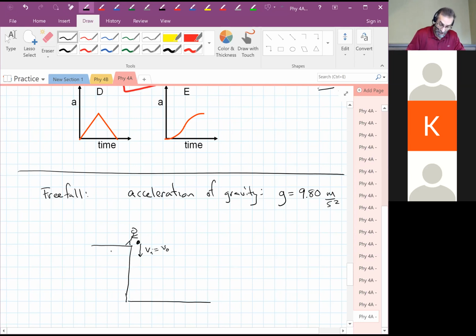So you throw it straight down. We've got some height h here, you're above the cliff base. And if we're given the initial velocity and h, we want to find the final velocity. We could also find the time.